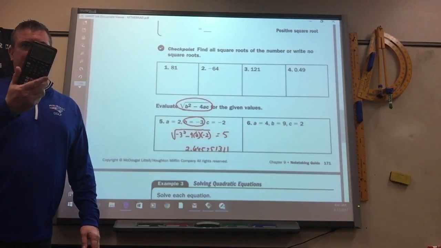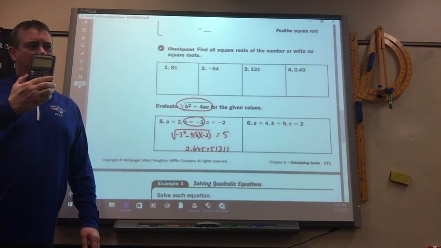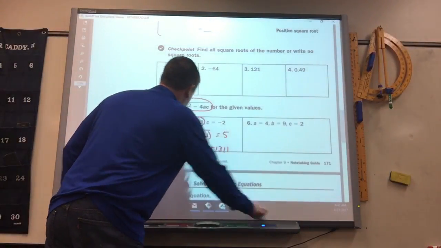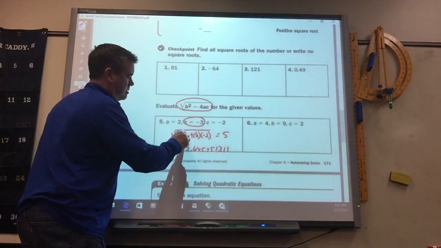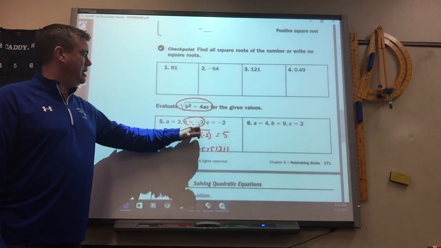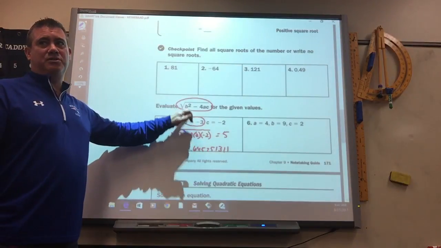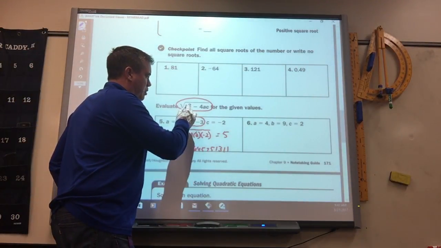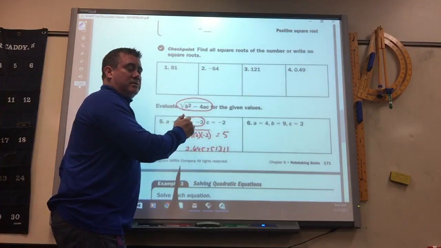So, there's just one thing you need to realize on this. Right here. So do that first. When you put in a negative 3 and you square it, what's it going to turn to? If you put negative 3 in here, what's negative 3 squared?